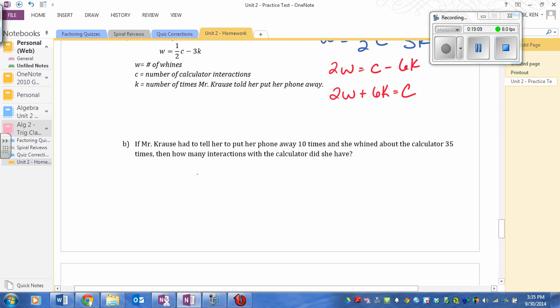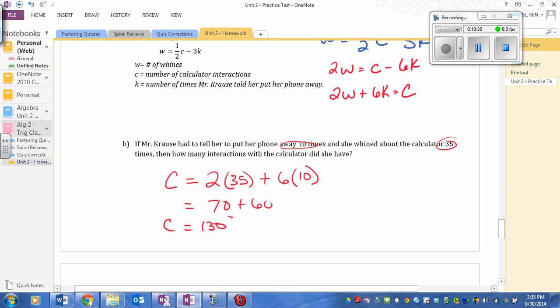I meant to change this problem, but it doesn't really matter. So, calculator is equal to 2 times the number of times she whined about the calculator plus 6 times the number of times she was told to put her phone away. Number of times she was told to put her phone away was 10. And she whined about the calculator 35 times. So, 2 times 35 plus 6 times 10. So she had 70 plus 60, so she had 130 calculator interactions. I guess that would drive anybody crazy.